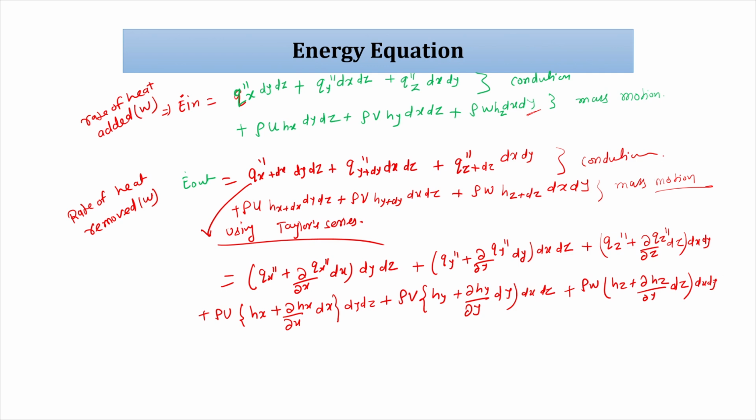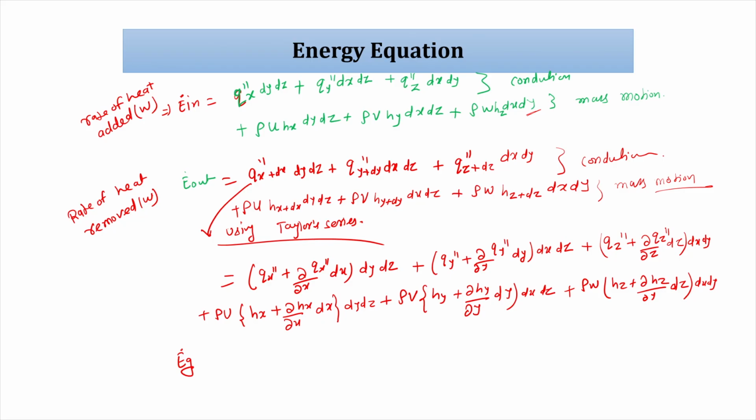The next term is the rate of heat generated. If there is some rate of heat generated, like in welding, we put in some source, some energy we are giving.